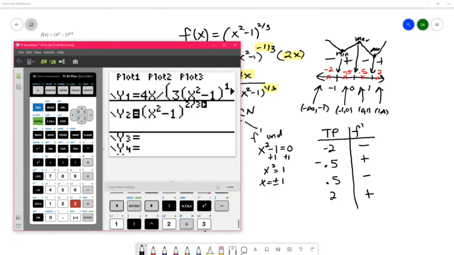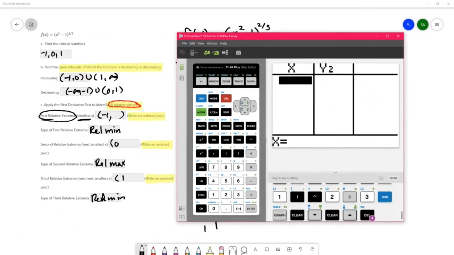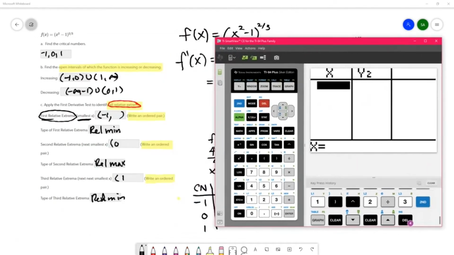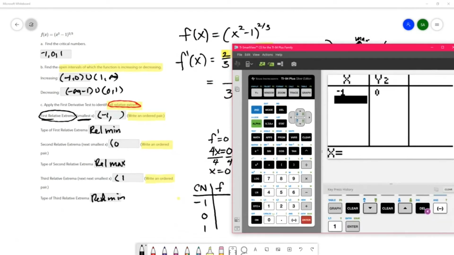I'll go back to my table and let's adjust these x values to be the ones that we were mentioning, -1, 0, and 1. And we have y coordinates of 0, 1, and 0.